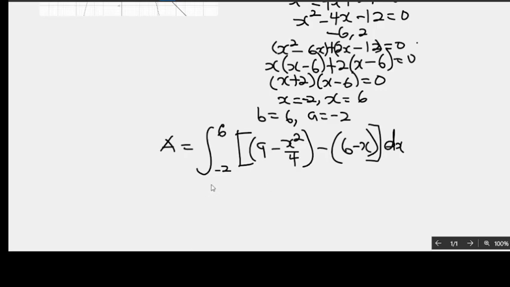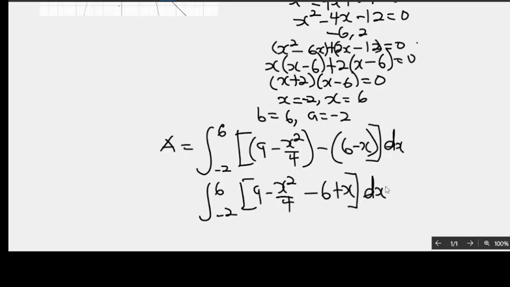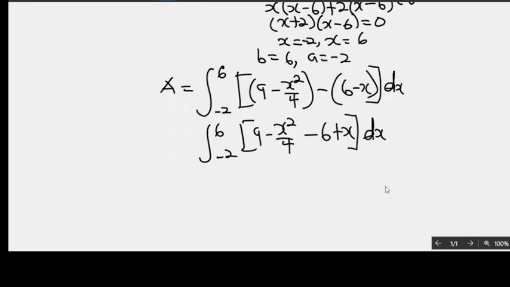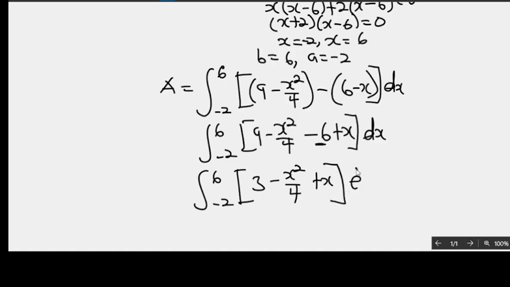We are going to have the integral from negative 2 to 6 of 9 minus x squared on 4 minus 6 plus x dx. Now let's subtract 6 from 9. We are going to have the integral from negative 2 to 6 of 3 minus x squared on 4 plus x dx.